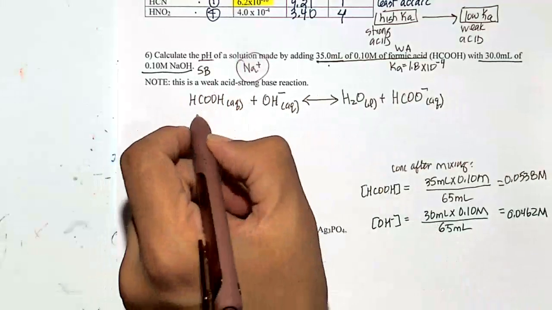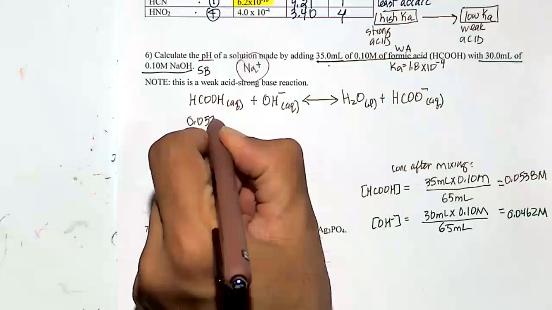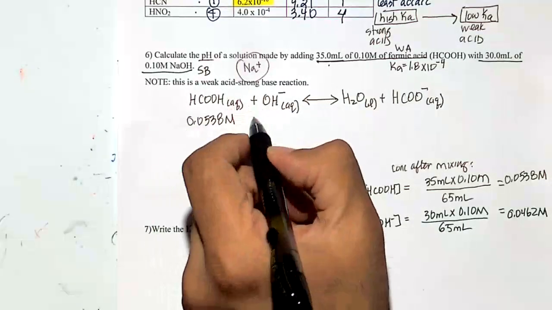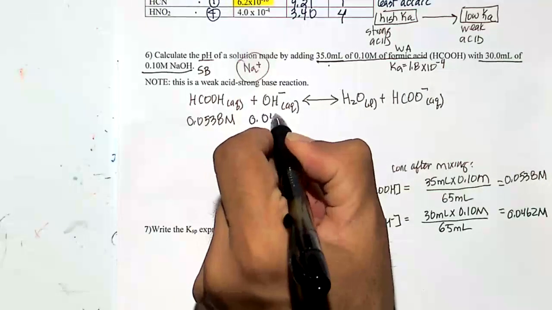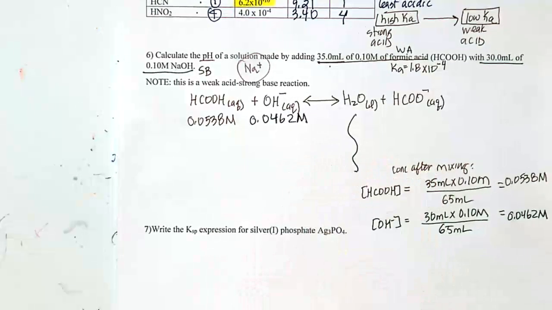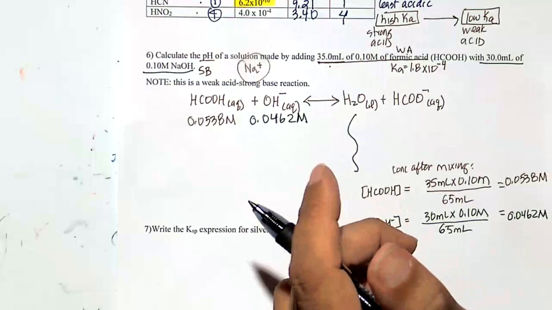So on one end we have 0.0538 molar. On the other end, after mixing, the final concentration will be 0.0462 molar. We don't care about the liquid.